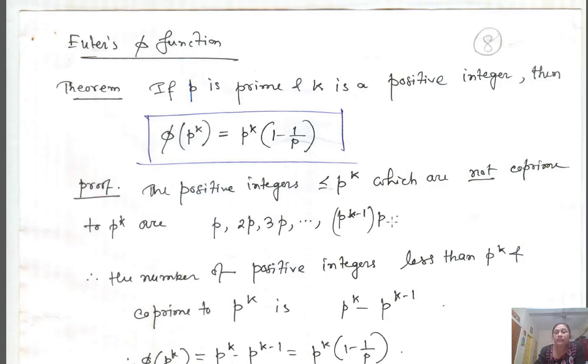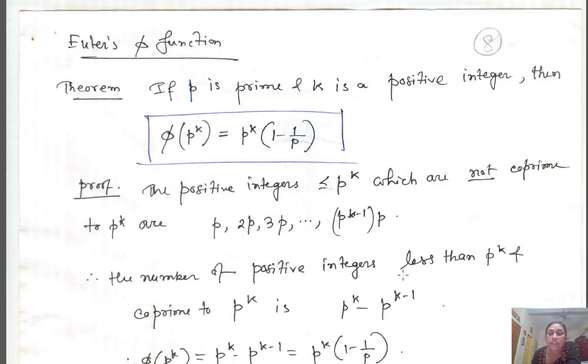So these many integers are less or equal to p to the power k which are not co-prime to p to the power k. How many integers are there? 1, 2, 3 up to p to the power k minus 1. So p to the power k minus 1 integers are there which are less or equal to p to the power k and not co-prime to p to the power k.